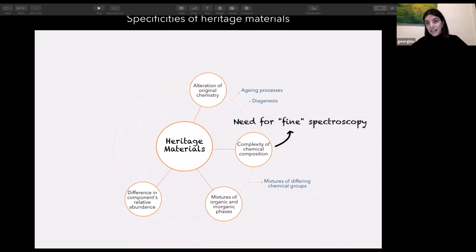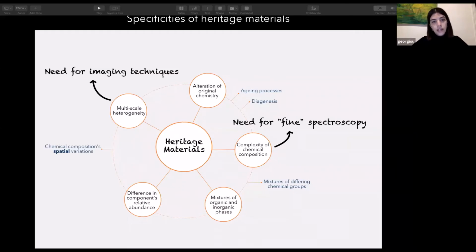And to characterize them, we need fine spectroscopic tools. In addition to that, in some cases, we may have multi-scale heterogeneity, meaning spatial variations of the chemical compositions in the objects. So we need imaging techniques as well.